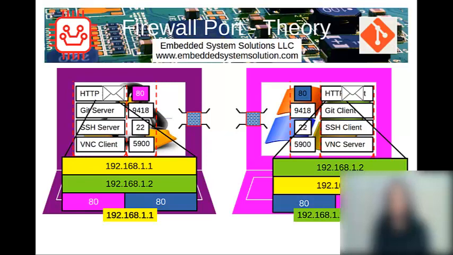Let's suppose a packet is exiting the computer, like a request to a web server. It must exit through the firewall. The firewall intercepts this packet, looks at it, and analyzes the source IP address, the source port, the destination IP address, and the destination port, and it looks at the list and determines whether this application has rights to access the internet, to access the network, like the Ethernet connection, the Internet Protocol Suite.